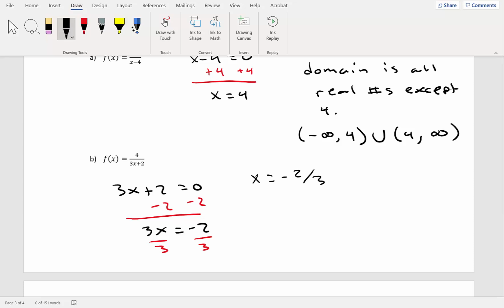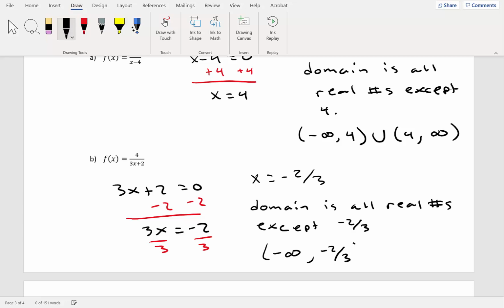So this is what's going to make the denominator 0. So the domain is all real numbers except negative 2/3. And then in interval notation, it would be from negative infinity to negative 2/3, union negative 2/3 to infinity.